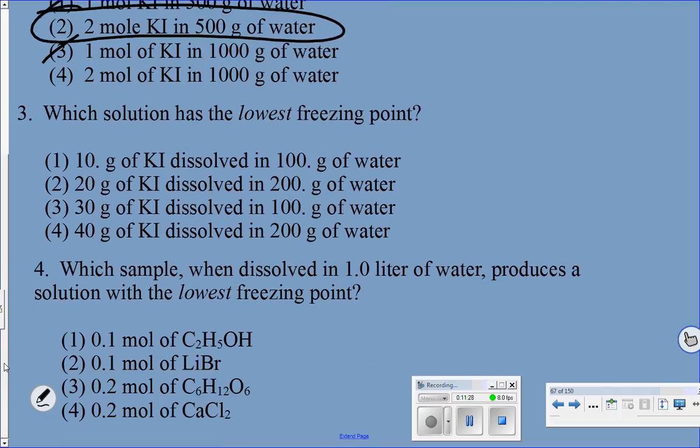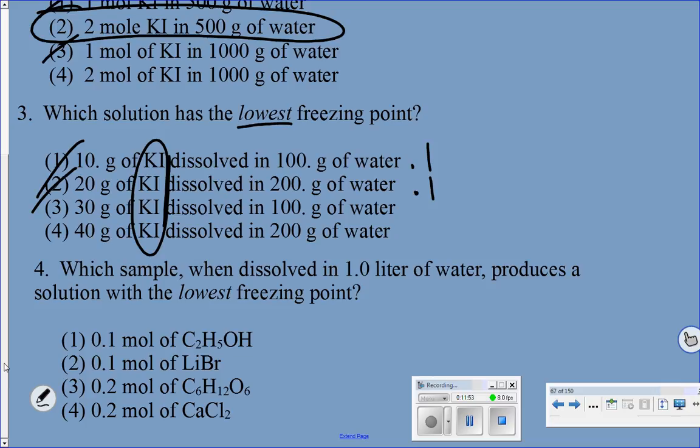Number 3, which ones have the lowest freezing point? So I'm looking for the greatest effect there. I'm talking about KI all the way through here. So this is one substance I'm comparing. Again, I'm going to be looking at concentration. I just looked at these like a ratio. So 10 grams divided by 100 grams. If you do 10 over 100, you get 0.1. 20 over 200 is also 0.1. So that's the same answer. Those are the same concentration.